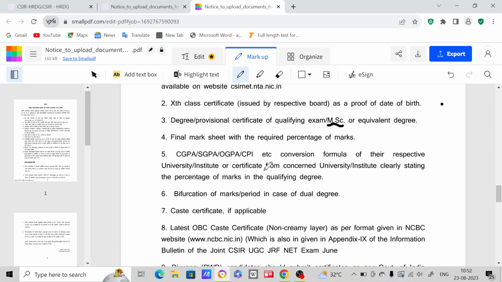Once you get your JRF certificate, you have to submit your JRF certificate along with your mark sheets to the management of your respective institute, so that your respective institute or university will send your documents to CSIR or NTA on your behalf, so that you will get your JRF from your institute, right?